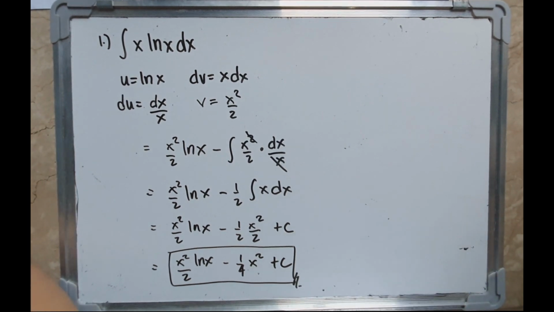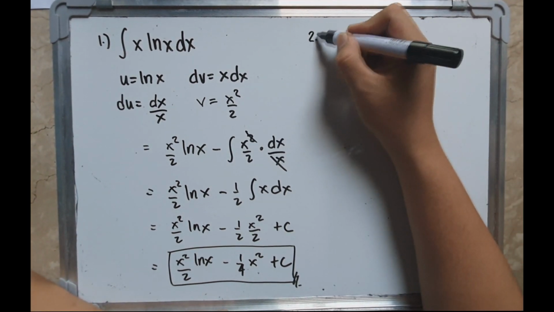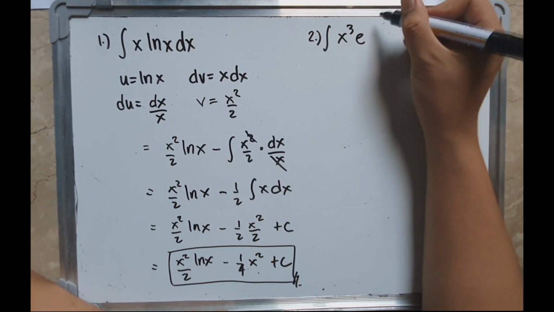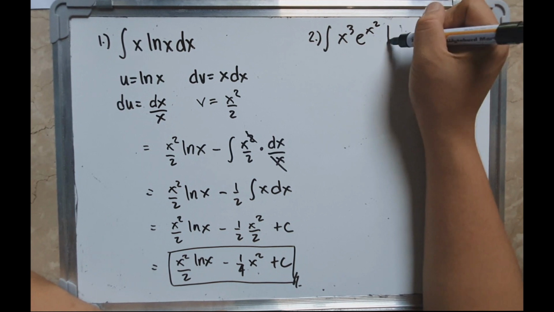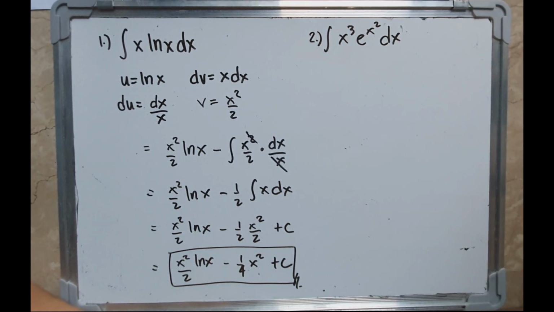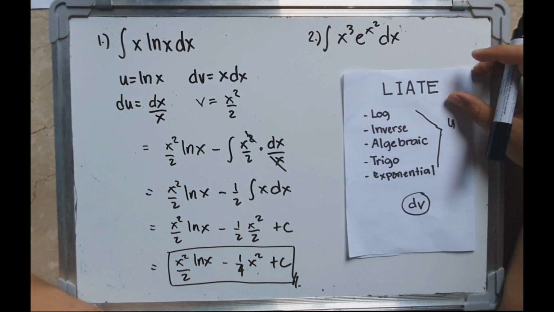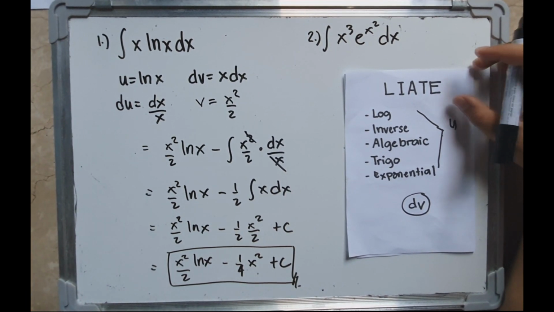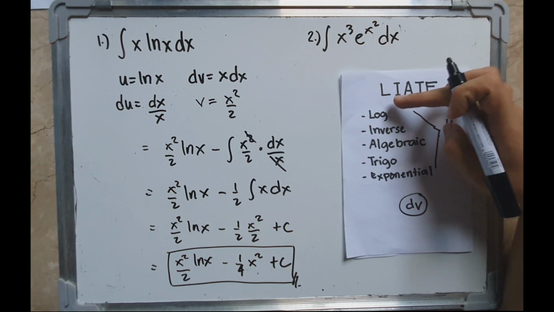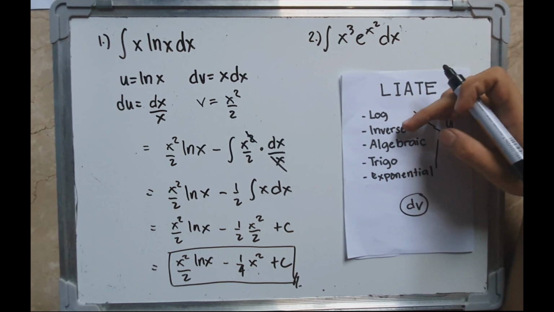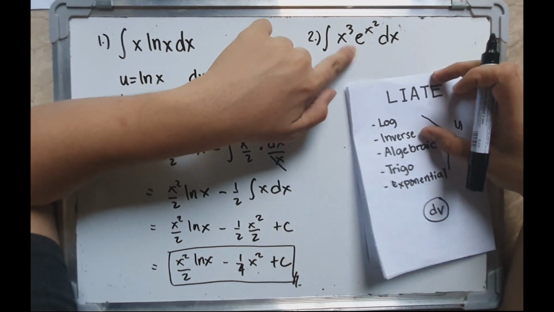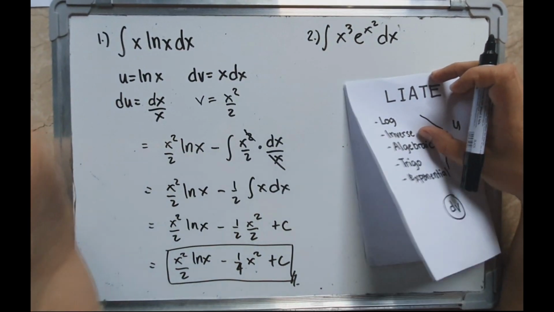Okay, example number 2. The integral of x cubed e raised to the power of x squared dx. In this example, look at the order from LIATE: log, inverse, algebraic, trigo, exponential. We have an exponential and we also have an algebraic.